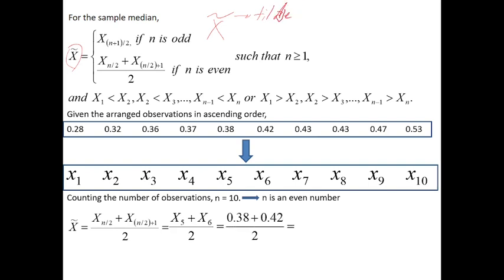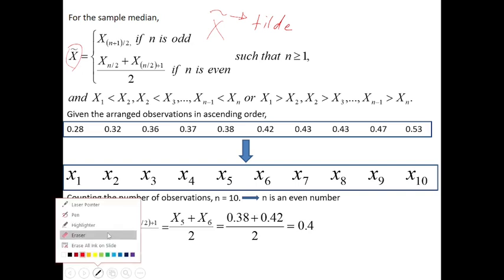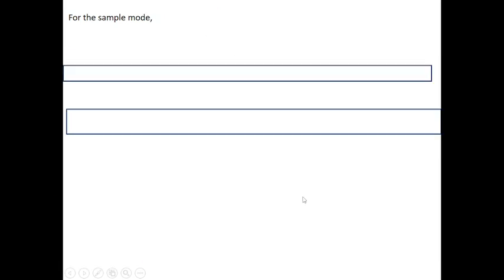So we now proceed. We have 0.38 plus 0.42 all over 2. So that is 0.4. That is now the median.